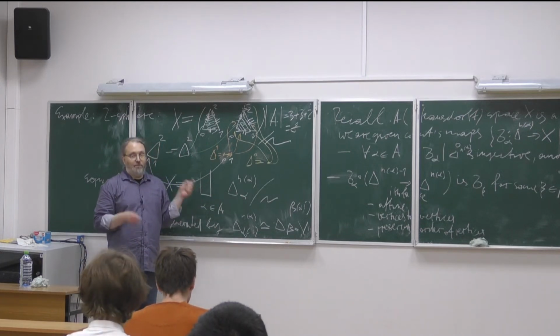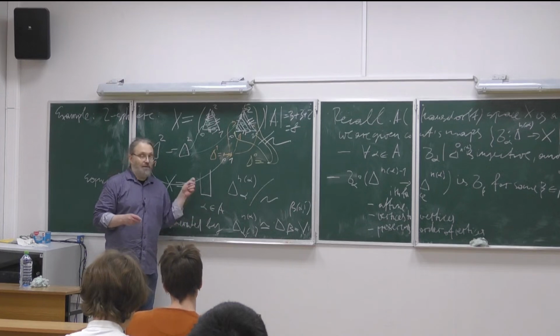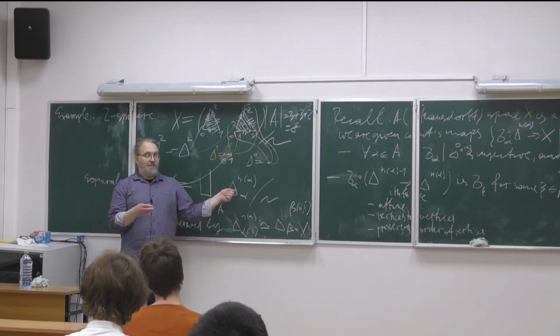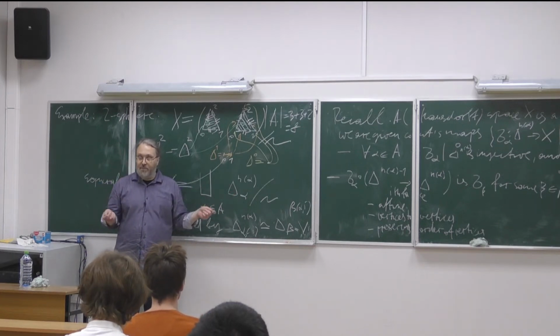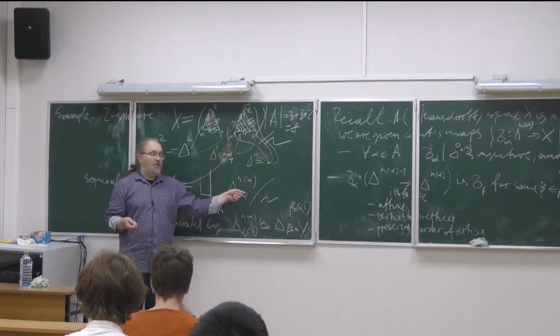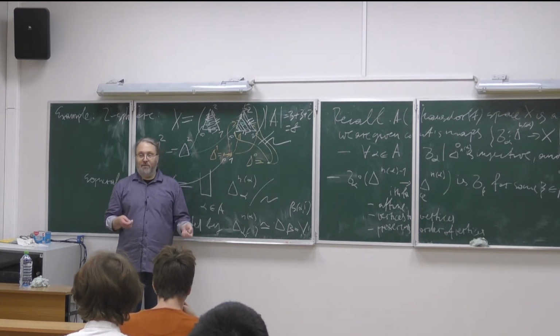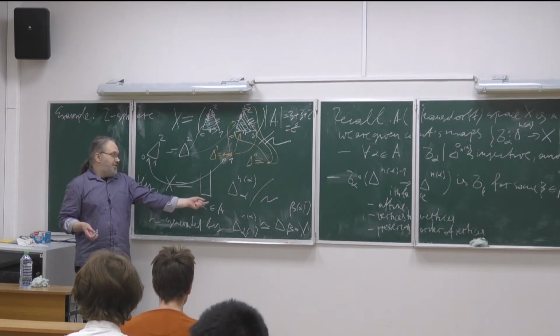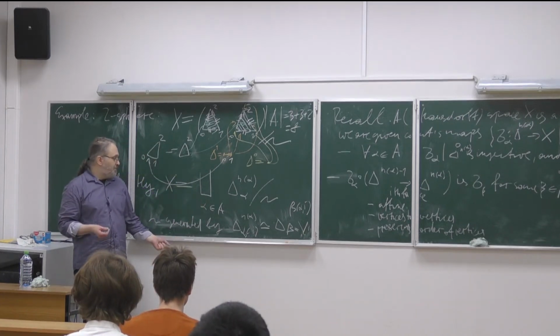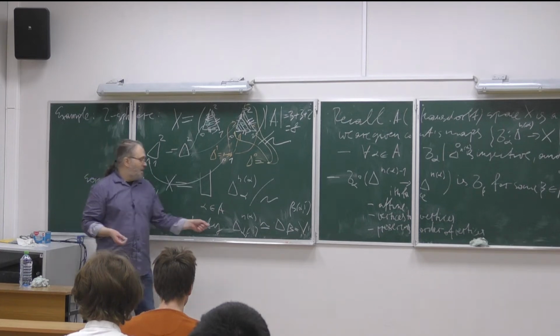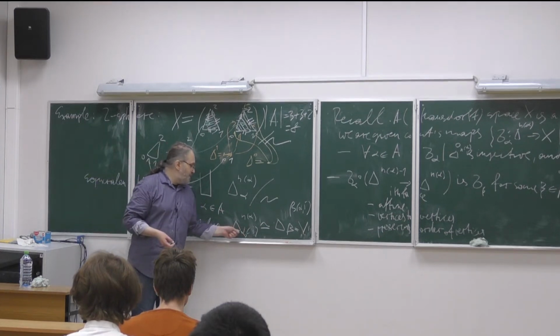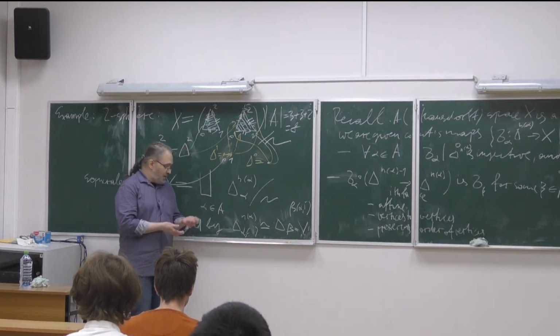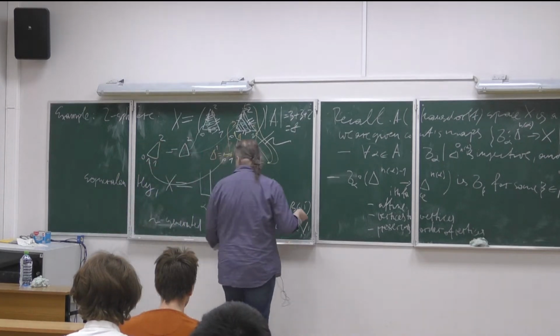For each alpha in A, we have some simplex delta alpha of dimension n alpha. Again, this is just notation. What is delta alpha comma i? Well, this is the ith face.